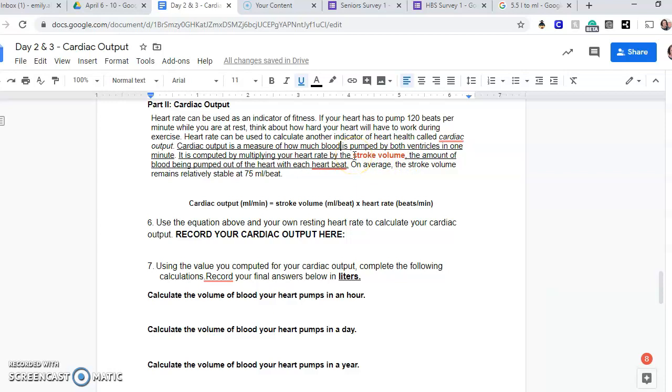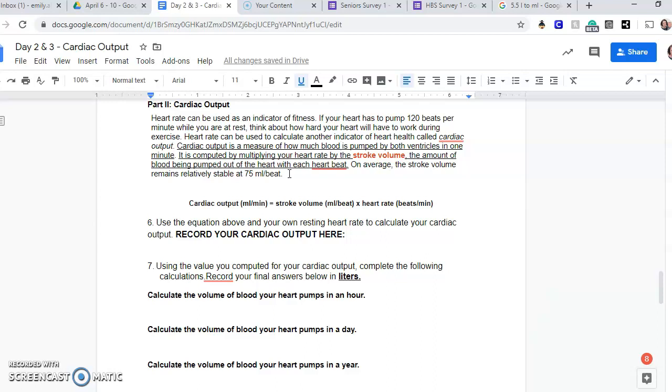The stroke volume is the amount of blood typically pumped through your heart in each single heartbeat. So they tell you that your stroke volume is a constant that they've averaged amongst people. It's 75 milliliters per beat. So 1 heartbeat pumps 75 milliliters of blood, and depending on your average resting heart rate, you can figure out how many milliliters of blood your heart pumps in 1 minute.